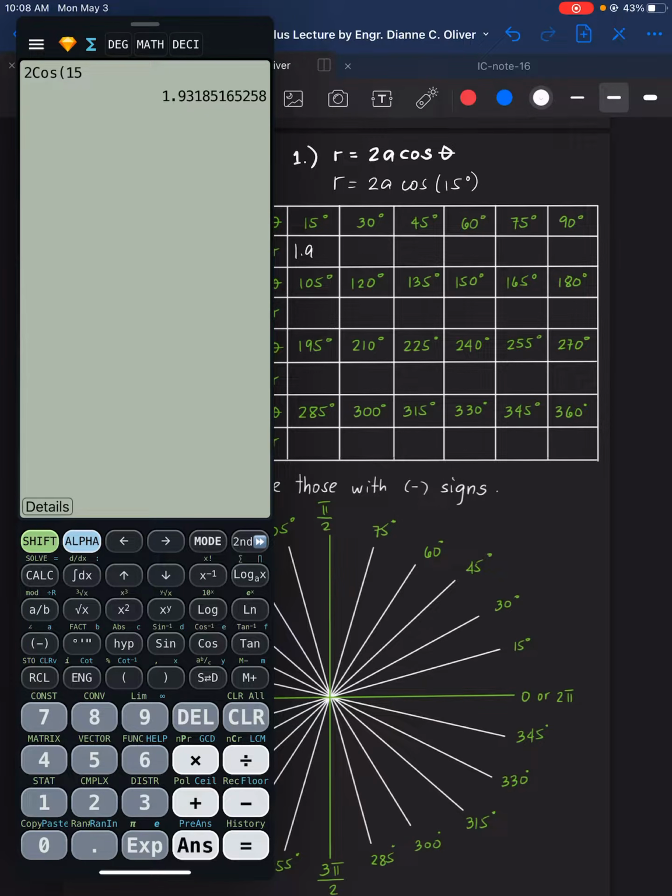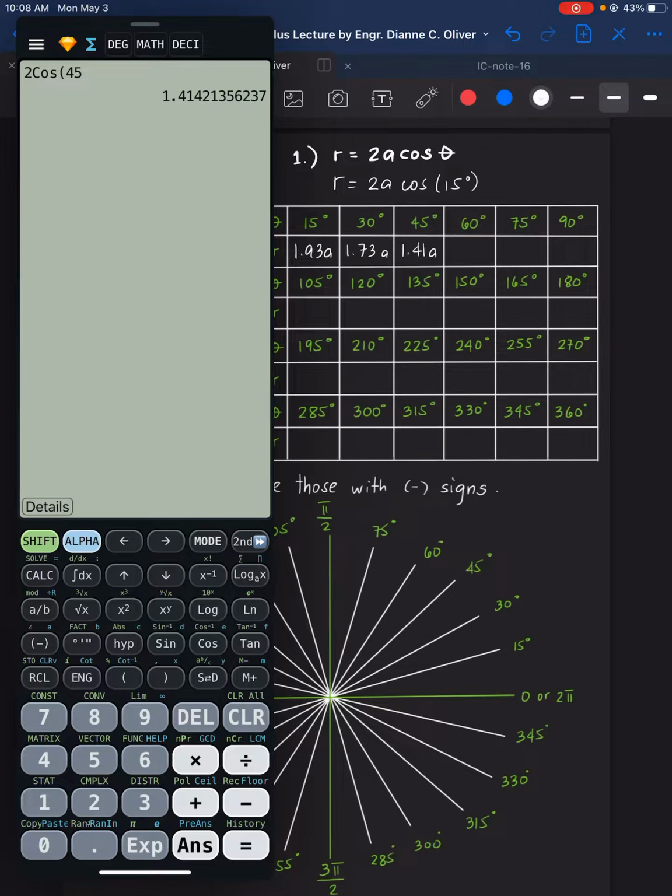This is 1.93a. Then we proceed to cosine 30. So 2 cosine 30 is 1.73a. Cosine 45, so we have there 1.41a.